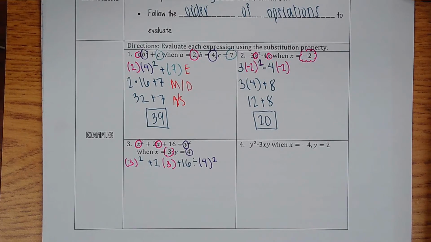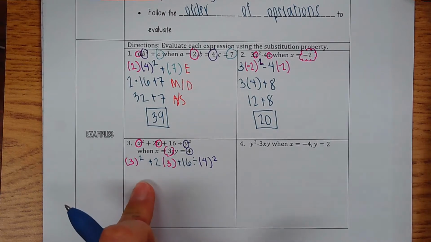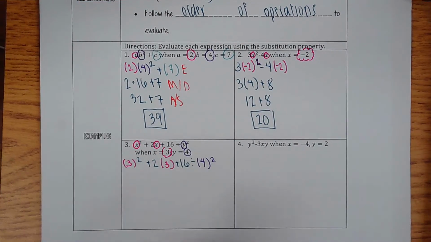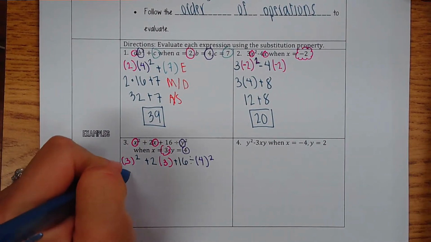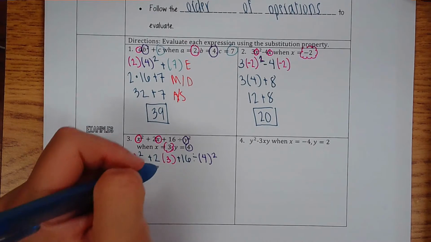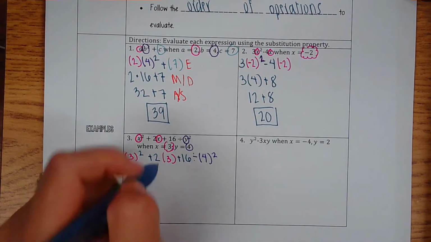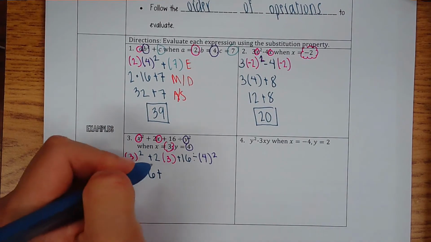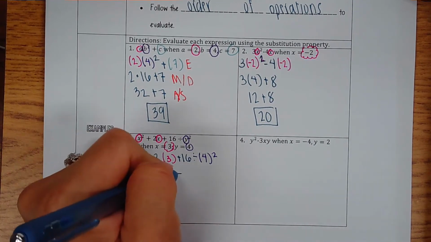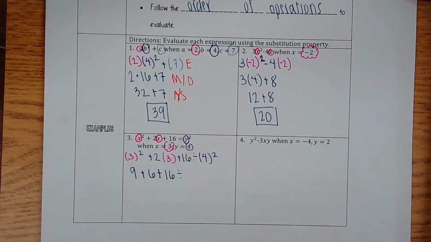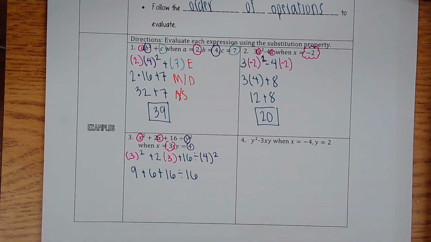We're now going to go by our order of operations, which is GEMDAS, right? So grouping, exponents, multiplication, division, addition, subtraction. So 3 squared is 9. All right. 2 times 3 is 6, so plus 6. Plus 16 divided by, and right here we have 4 squared, so 16. 4 squared is 16.